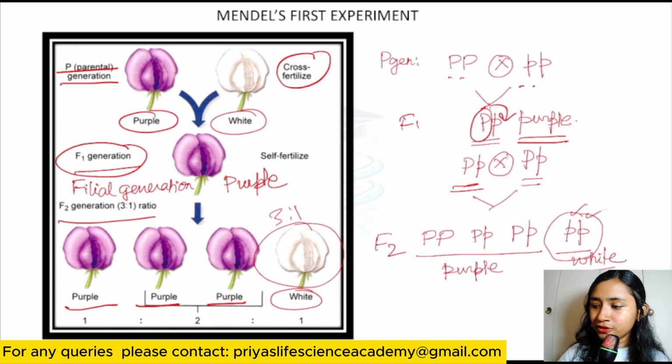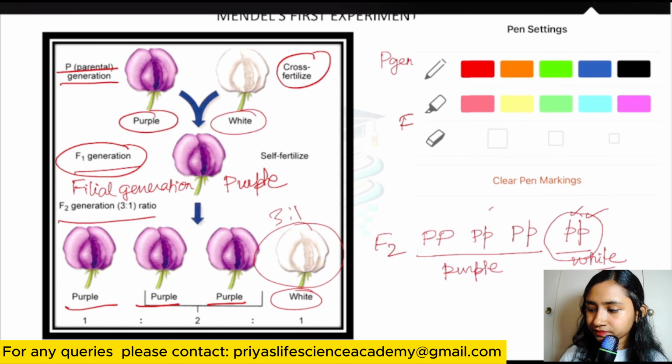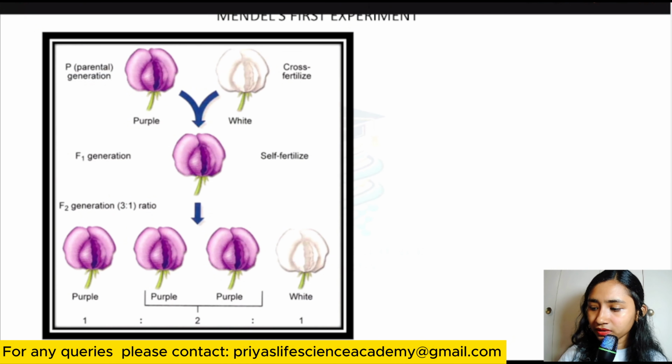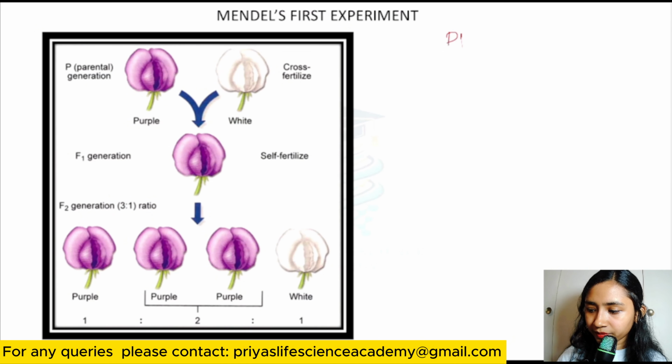Okay, I'll show you the cross again very nicely. Look, this is the parental cross, and this is known as the Punnett square. By the Punnett square method, we can get the offspring very nicely. We have to make a box like this.